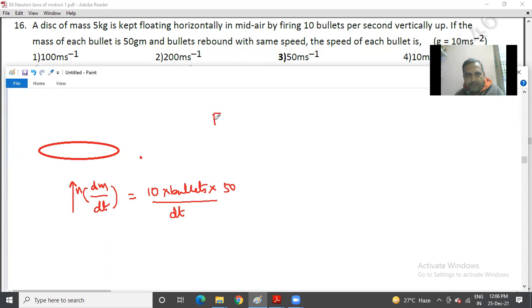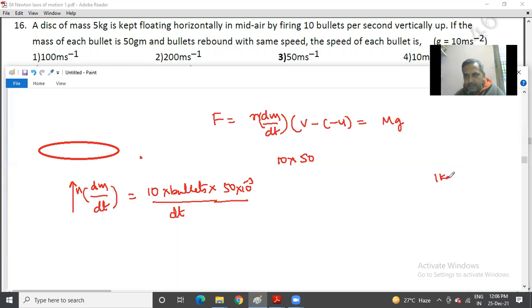Therefore, F is equal to N into dm by dt into V minus of minus U. This is the force by the bullets onto the disc, and it is balanced with the weight of the disc. Now N into dm by dt is 10 bullets with 50 grams, which is 10 to the power of minus 3.